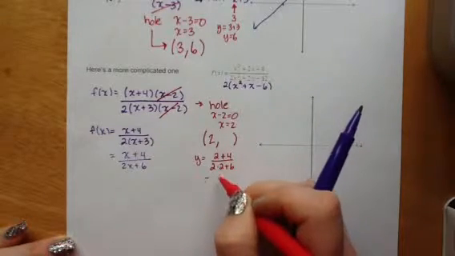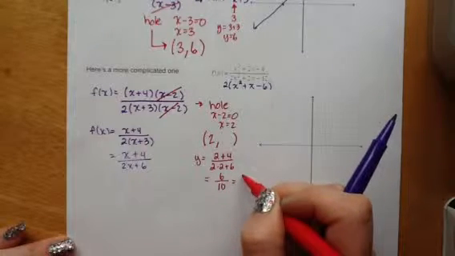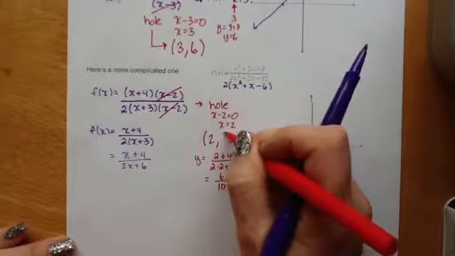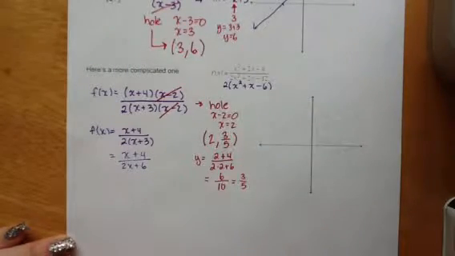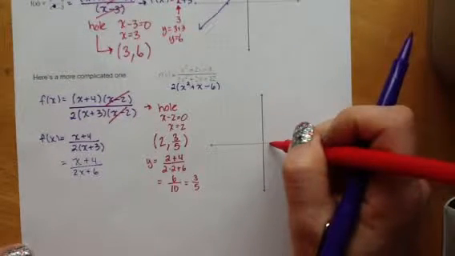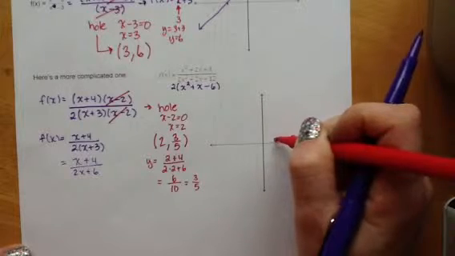So the y value will be 6 over 4 plus 6 is 10. So 6 over 10 will be 3/5. So the ordered pair is at 2, 3/5 for the hole. So let's graph that on here. At 2, 3/5, we have a hole.